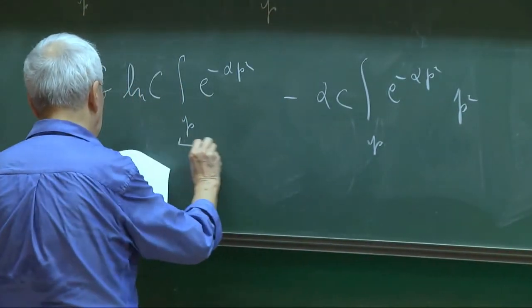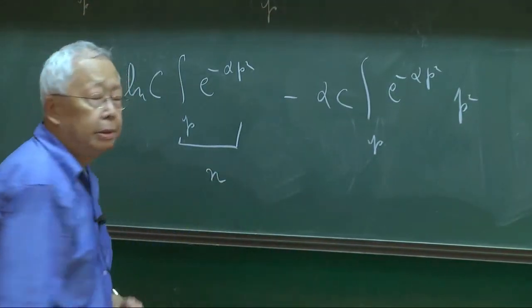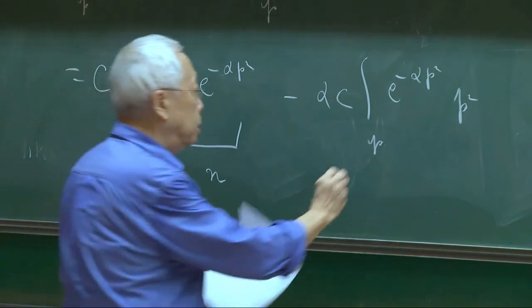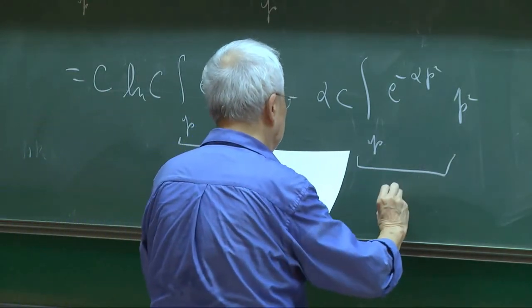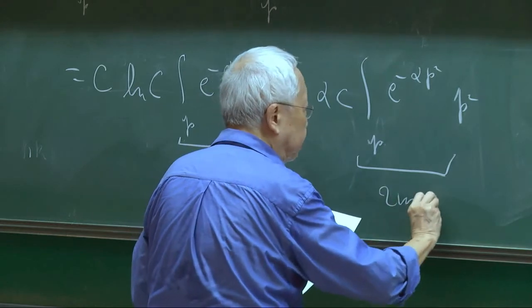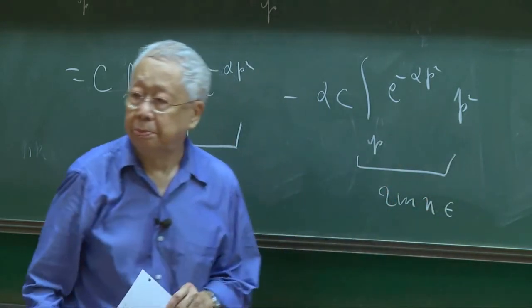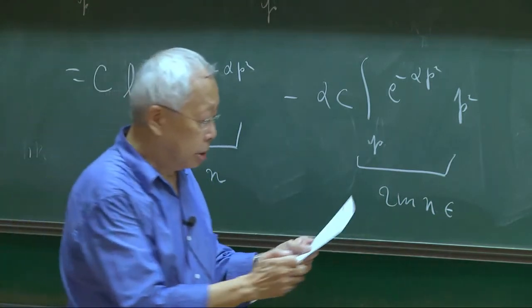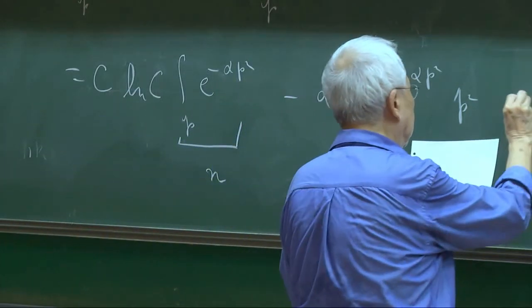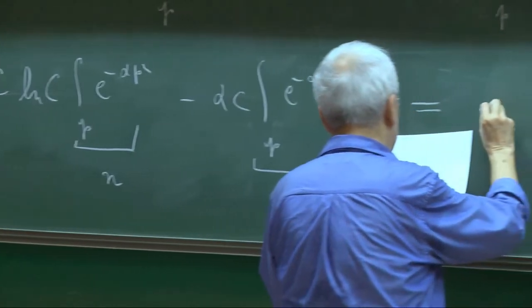This is just n, the density. And this is just equal to 2m times n times epsilon. 2m because I will put a 2m here, that's the energy.